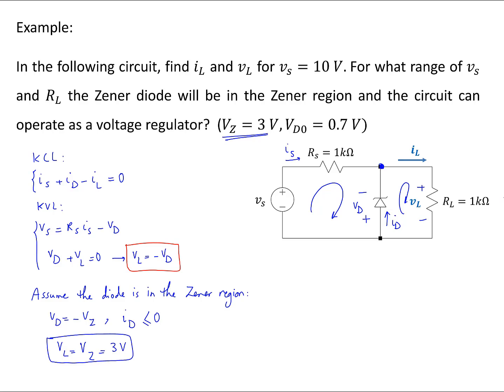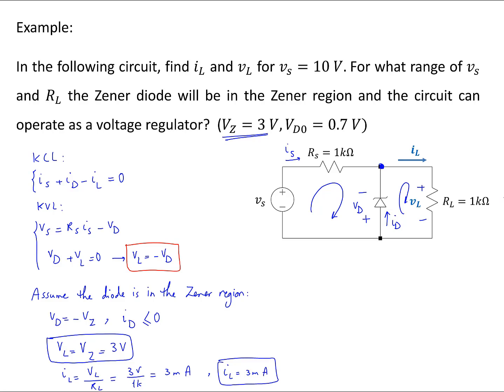Good. Now I need to find IL and IS. IL, I can find using Ohm's law, because IL equals VL divided by RL. That is going to be equal to 3 volts divided by 1K, which gives me 3 milliamps. So IL equals 3 milliamps.